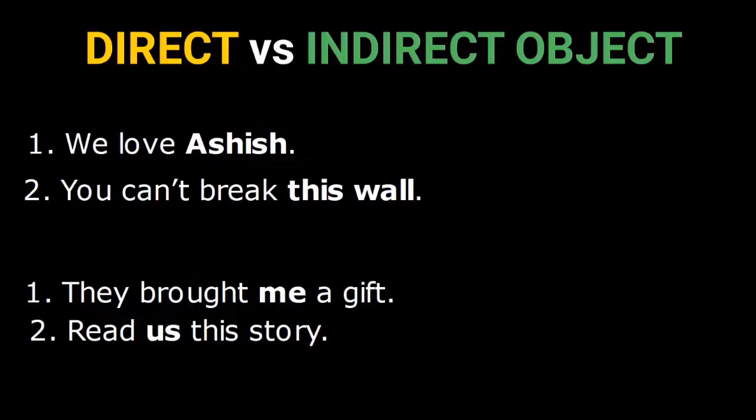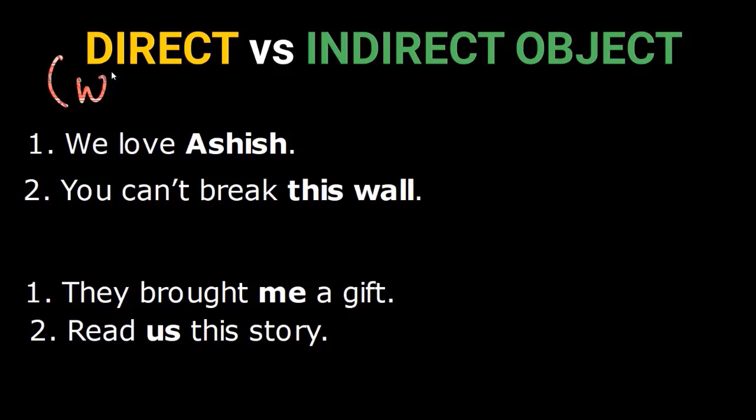Now, the question is, what is the difference between a direct object and an indirect object? By now, you must have figured it out. I have already published a lesson on direct objects, the last lesson. You can watch it and completely master direct objects. But here, let's talk about it. A direct object is something or somebody that directly receives the action, right? It can be a person or a thing that directly receives an action. How do you find it out?